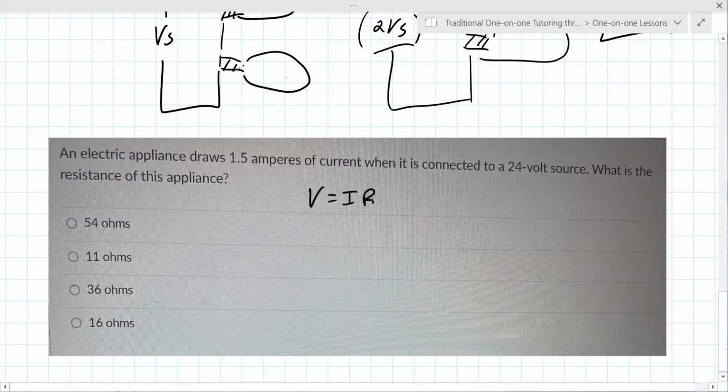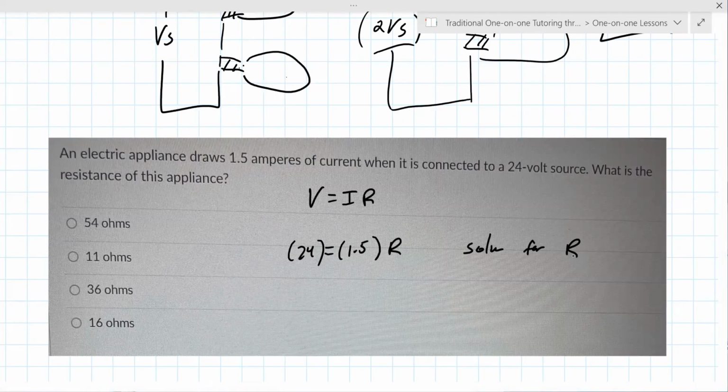So this is a pure Ohm's law problem. It says an electric appliance draws 1.5 amperes. So that's your I. When it's connected to a 24-volt source, and they want you to solve for R. It's kind of an oversimplification of Ohm's law, but it does work.